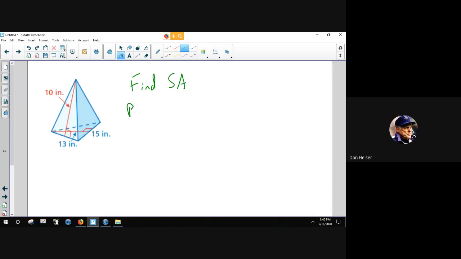So, start with the base. The base is a triangle. Every triangle has a base and a height. Well, it says this is 15. It says this measurement is 13.